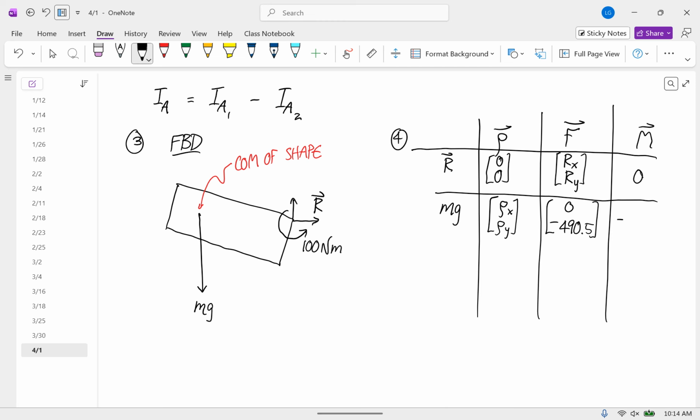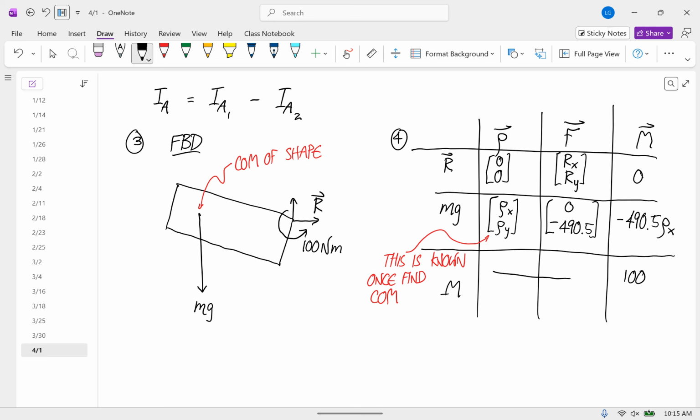Then the cross product is negative 490.5 rho x. But that's not a variable. You know what that rho is. So this is known once you find the center of mass. And then the last one is the couple. We don't care about these. That's positive 100.